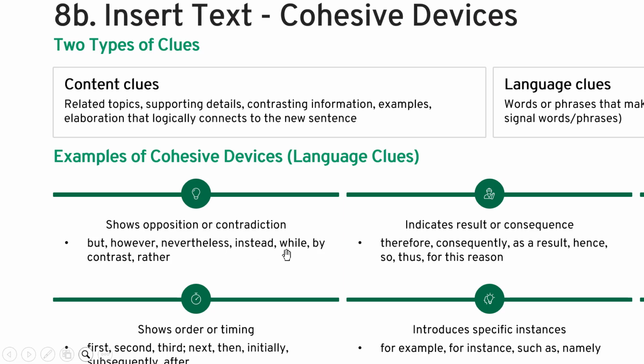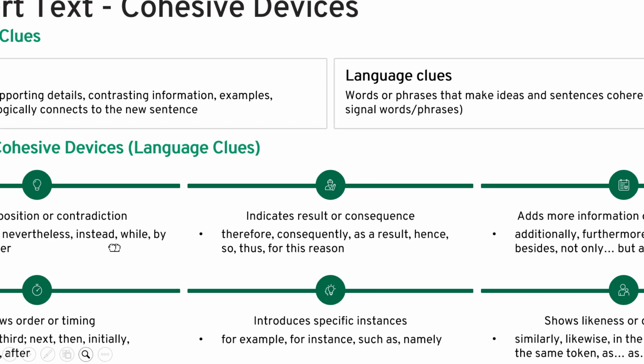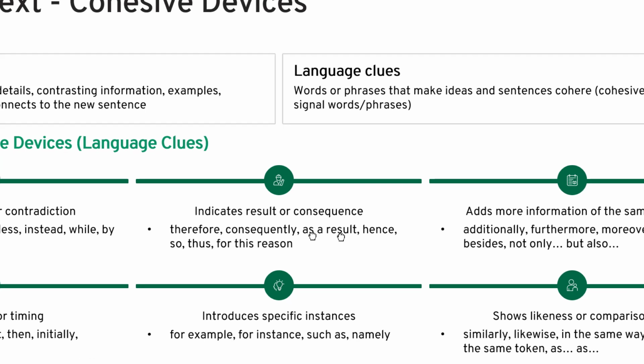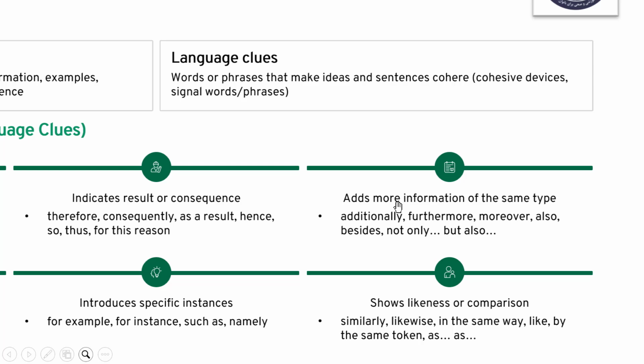These are used to show contrast. Or we may indicate result or consequence. We may have these words: therefore, consequently, as a result, hence, so, thus, for this reason. So these are the common words to indicate result or consequence. We may have language clues or transition signals that add more information.